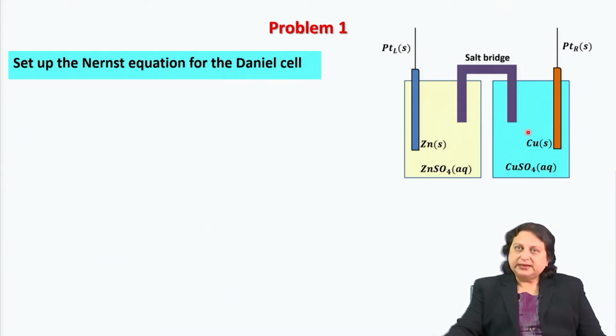On the right hand side, I have a piece of solid copper dipped in aqueous copper sulphate solution. Here again, just to complete the circuit, I have attached another platinum wire, but since this is connected to the right hand side compartment, I have used the notation Pt_R.